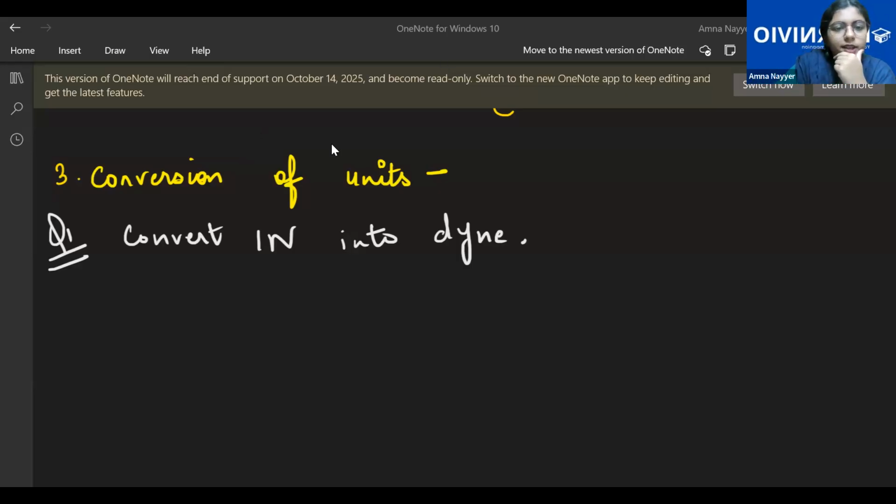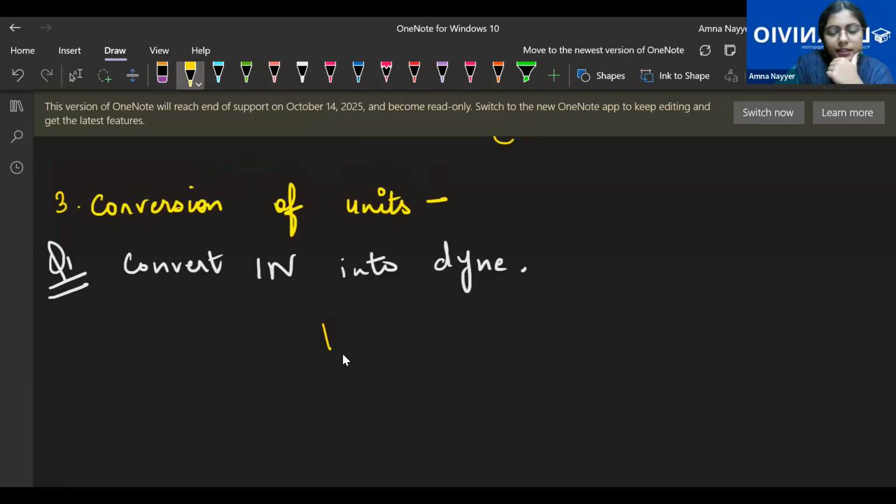All right, okay. Conversion of units: convert 1 Newton into dyne. The formula is N1U1 is equal to N2U2, class.